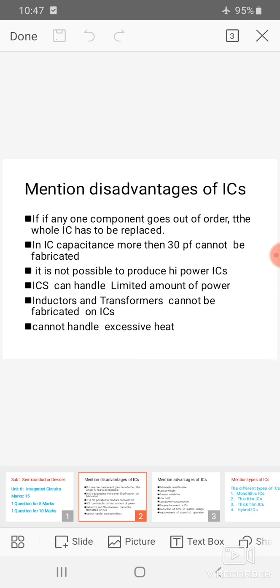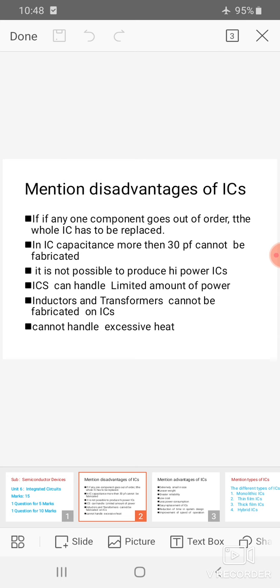In an IC, capacitance of more than 30 picofarad cannot be fabricated. Capacitors of more than 30 picofarad are not possible to put into the IC. That is one more disadvantage. Again, it is not possible to produce high power ICs. You might have seen ICs in the digital lab in our college, and in the computer motherboard, the chip made by Intel, etc. Those all are ICs, and their power is limited.